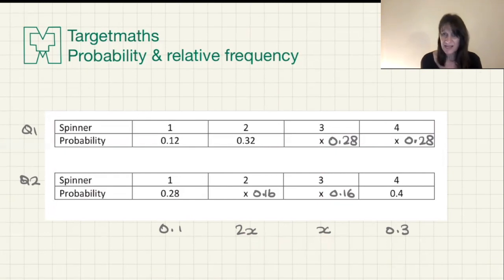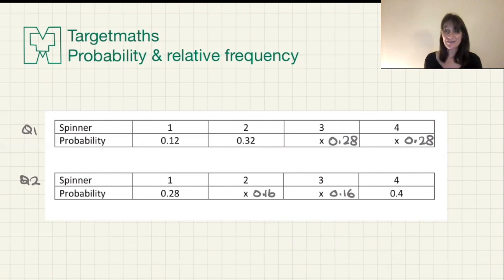So if x worked out to be 0.1, which it wouldn't in this case, but like I said, I don't want to show you how to do this. If this worked out to be 0.1, this would be double it, so it would be 0.2. Hopefully that's made some sense and will help you when you get to those questions. And I hopefully haven't put you off from the entire session doing that.